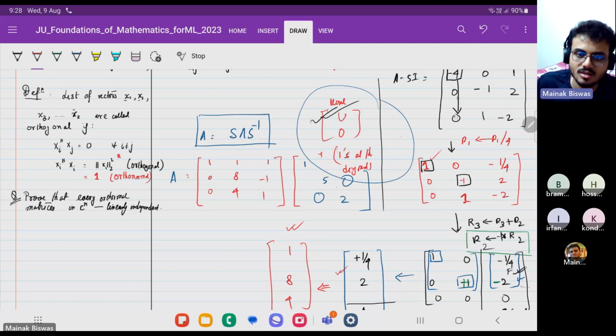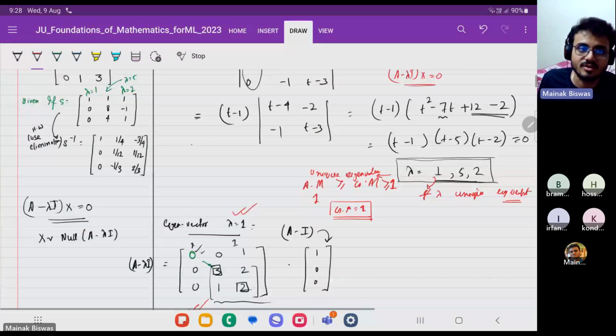Not clear? Let's write it fresh somewhere here. So we have found the 3 eigenvectors as this matrix, right? I have stacked the 3 eigenvectors as columns in this matrix.